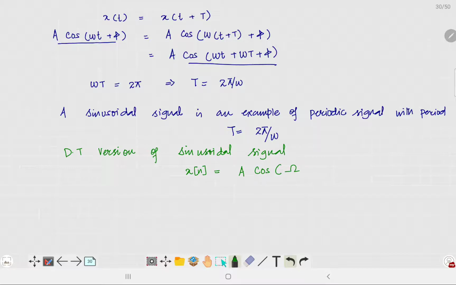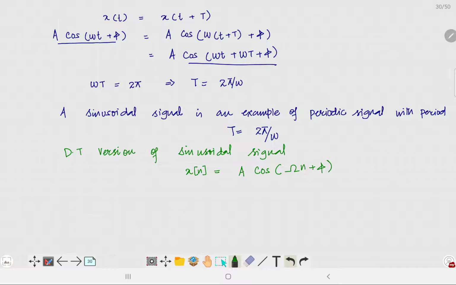We use a second notation of omega just to differentiate between the continuous time sinusoidal and the discrete time sinusoidal. The quantities involved have the regular meaning as in the continuous time case, A being the amplitude, omega being the angular frequency, and phi being the phase angle. But n is discrete, and that puts a condition on the periodicity of the discrete time sinusoidal signal.